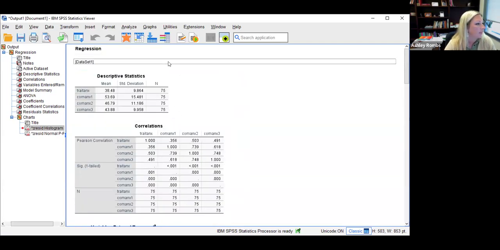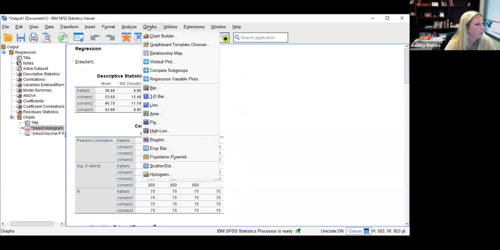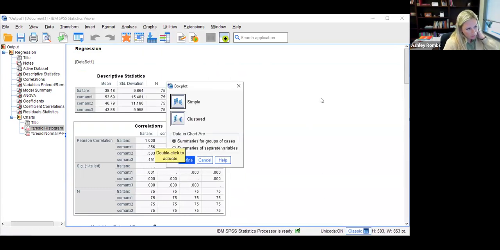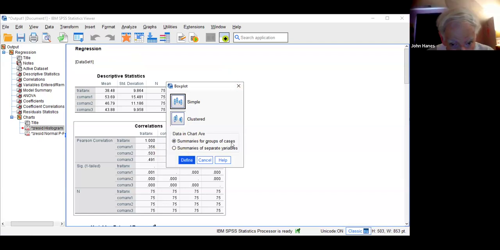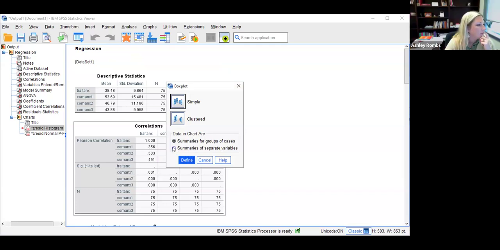I might have to take a moment and reshare my screen, but I go to graphs and then I go to box plot. And when I tried to do this, I left it on simple, and I can't remember if I did separate variables or groups of cases. I think that's right.